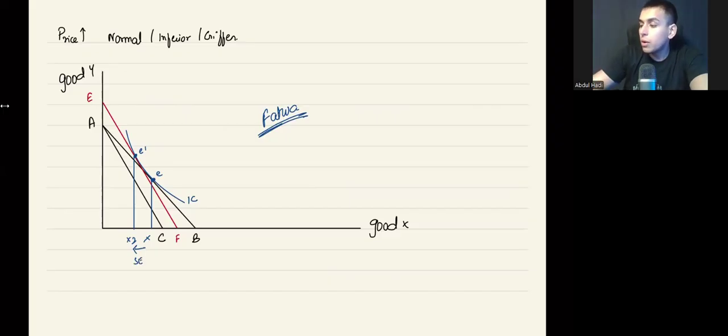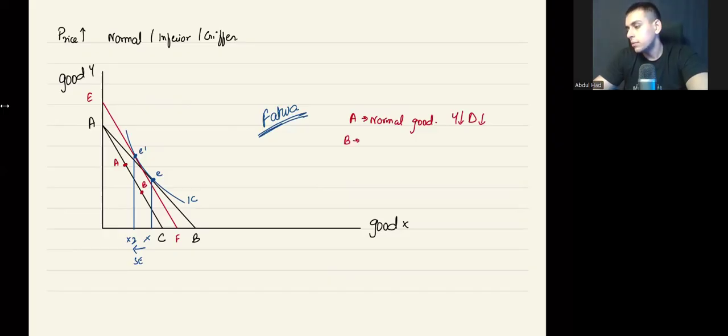So now if you're talking about normal good, your normal good will be here at point A, because if your income level is falling, your demand should fall as well. If you're talking about inferior good, it should be within this box, point B. This is inferior good.